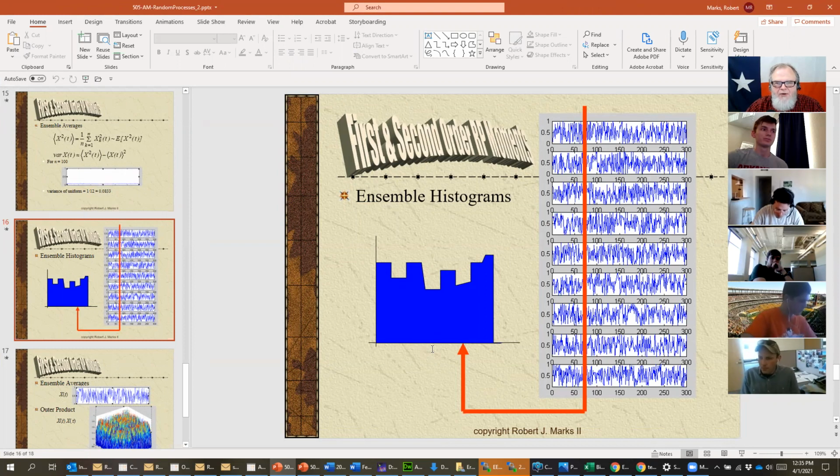For example, you can compute the histogram at a point in the stochastic process if you generate an ensemble and then take that same point all the way down and sample all of these values and place them in a histogram. Okay, and that histogram is going to approach the probability density function in the way that we've talked about later. Could you also generate an empirical equivalent of a two-dimensional joint probability density function?